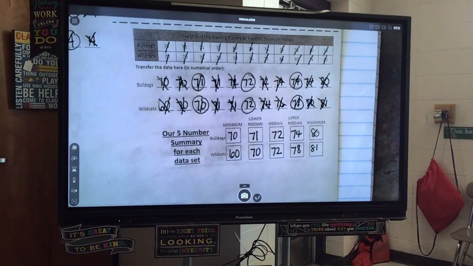Your 5-number summary for the Bulldogs is 70, 71, 72, 74, 80. And then your 5-number summary for Wildcats is 60, 70, 72, 78, 81. Make sure that if you didn't get this done, you get a copy from Canvas, because it will be on Canvas later today.